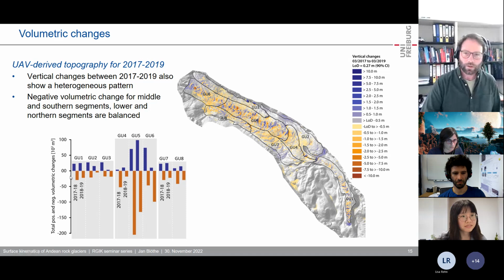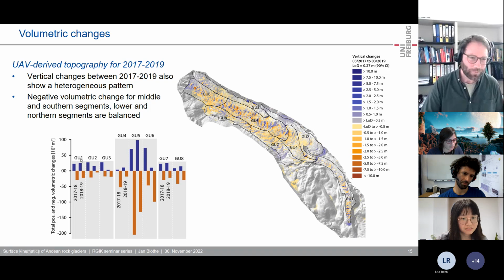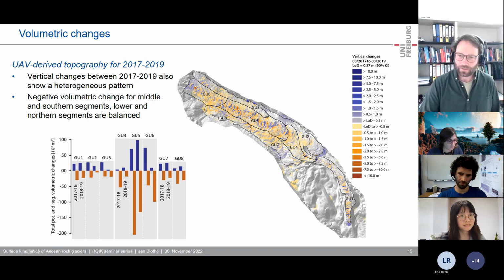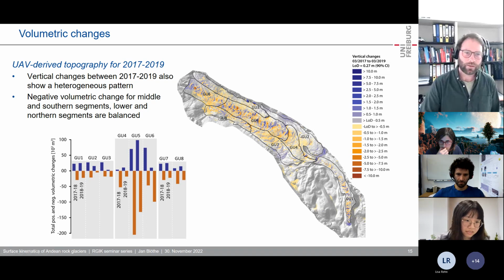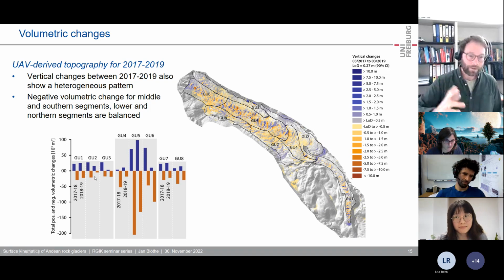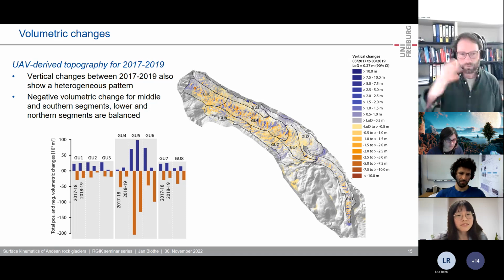If you look at the left-hand side here, we see this should be geographical unit 1, 2, and 3. 1 is the lowermost, the tongue, 2 is up here, and 3 is up here. So these are the parts that are more rock glacier-like and not debris-covered glacier-like, and these show some changes, but rather balanced changes. So we don't see a very negative behavior, and the changes are quite low.